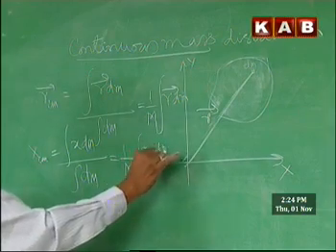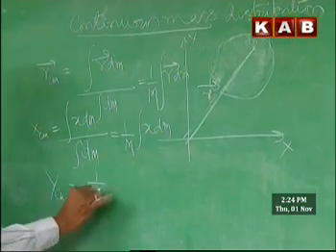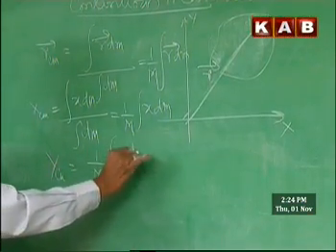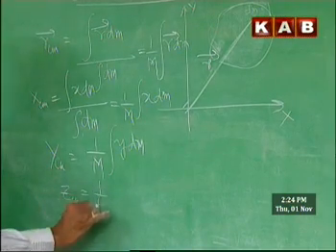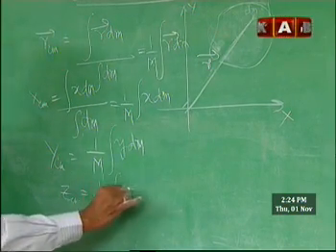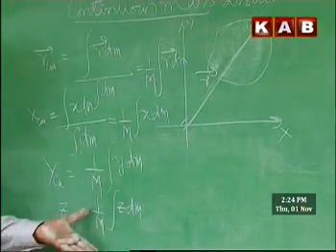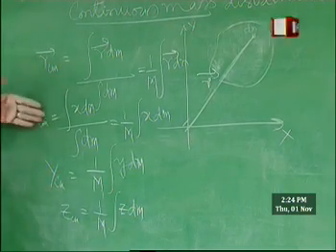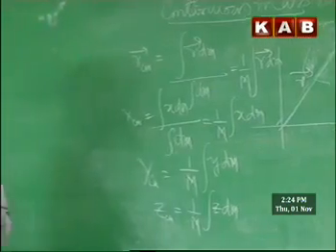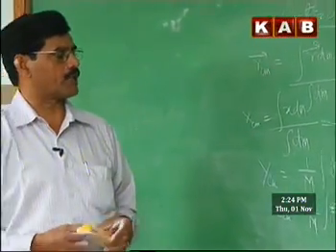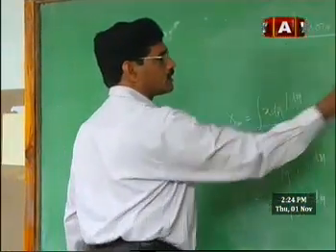Similarly, the y coordinate is 1 by m integral y dm, and zcm is 1 by m integral z dm. So by using these formulas, one can determine the x, y, z coordinates of the center of mass of a continuous mass distribution. Now we will take up examples one by one and determine the center of mass of the system.